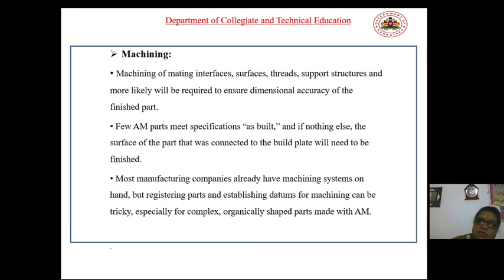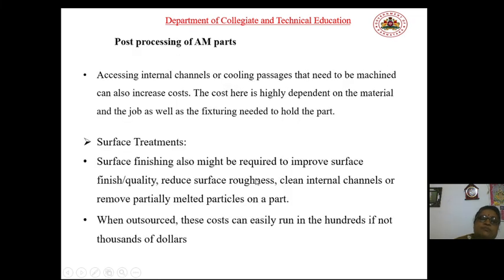Most manufacturing companies already have machining systems on hand, but registering parts and establishing the datums for machining can be tricky, especially for complex, organically shaped parts made with additive manufacturing.